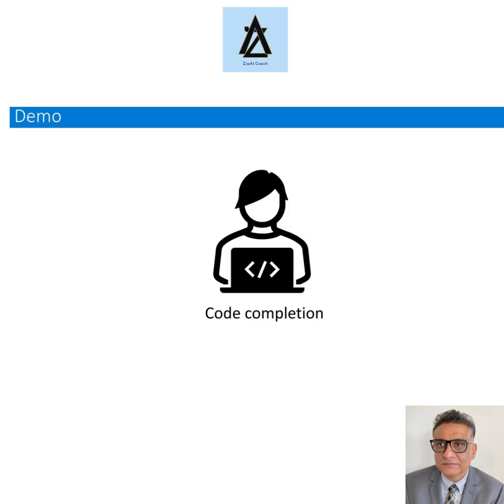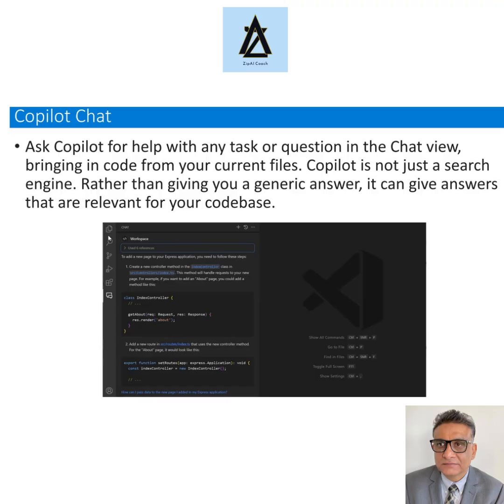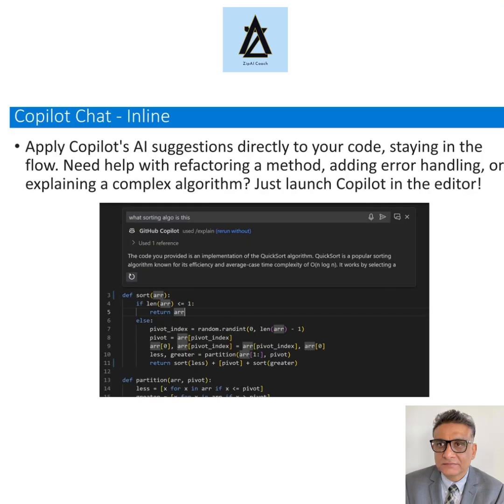We have just seen the capability GitHub Copilot provides in terms of generation of code, commenting, reviewing, fixing if there are any bugs, and that really makes it a very productive tool for the development process. We've seen Copilot Chat and inline comments.